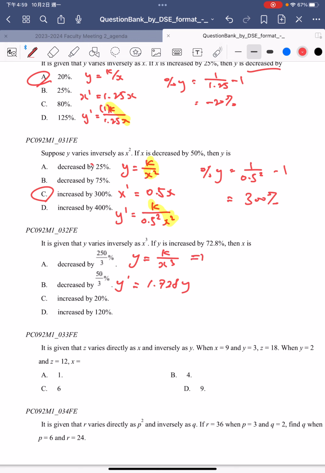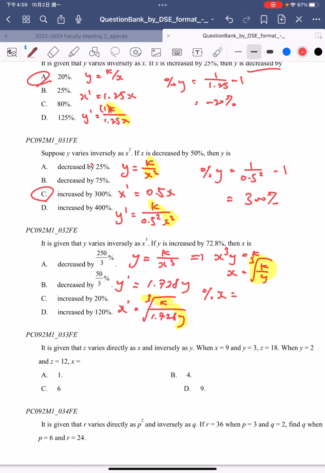Then we need to find out the x cubed: y is equal to k over x cubed, so x cubed is equal to k over y, and taking the cubic root, the new x is equal to the cubic root of k divided by the new y, which is 1.728y. Then you can think about it. The cubic root of k over y is actually the common factor, so what we want is just what's left.